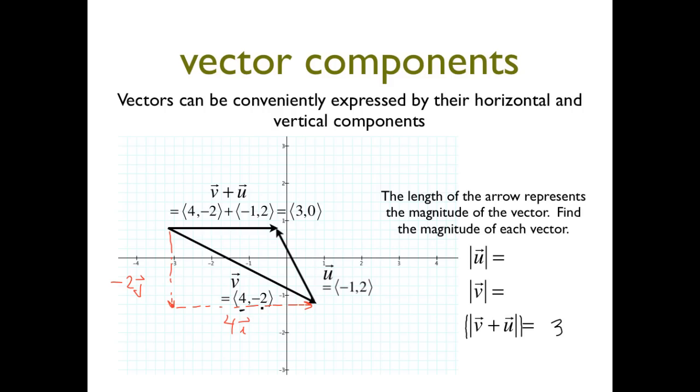The magnitude of that vector is 2. That one's 4. And we know that as horizontal and vertical components, those are at a right angle. And we get a triangle, right? So what is the magnitude of v then? Square root of -2, or 2 squared plus 4 squared.